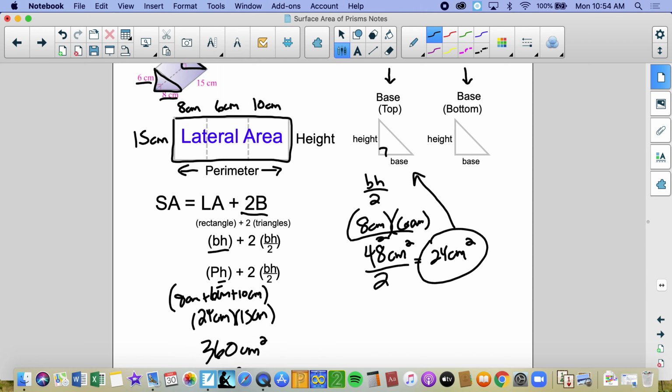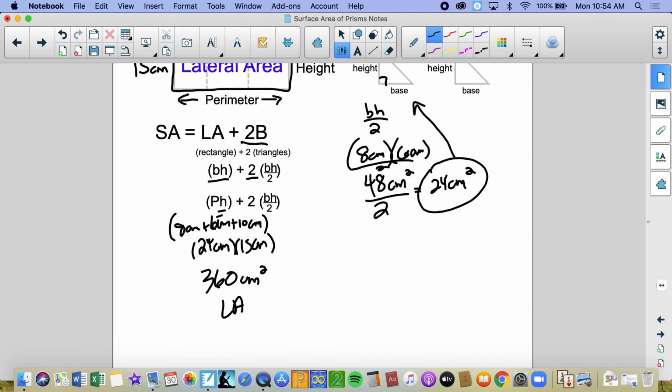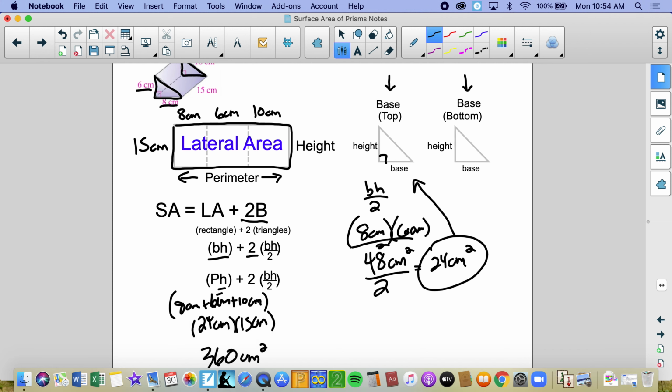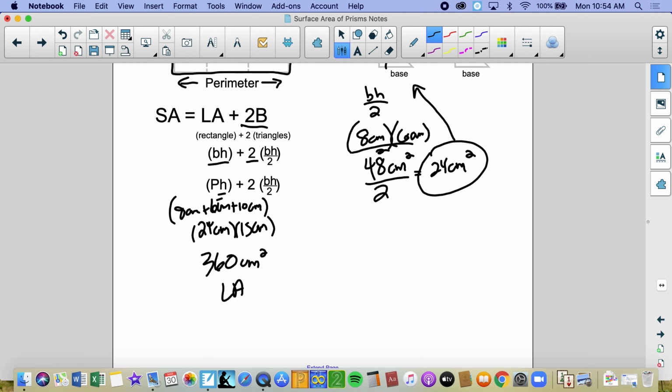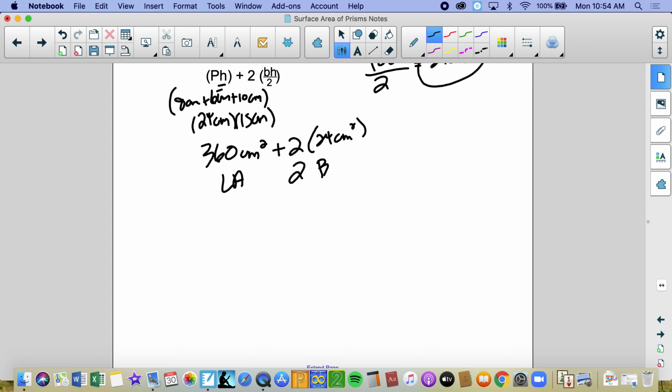And since I have 2 of them, I have a top and a bottom, or a front and a back in this case. We call it front and back, top and bottom. So I'm going to have 2 times 24 centimeters squared, and this is my 2 big B, my 2 times the base area.